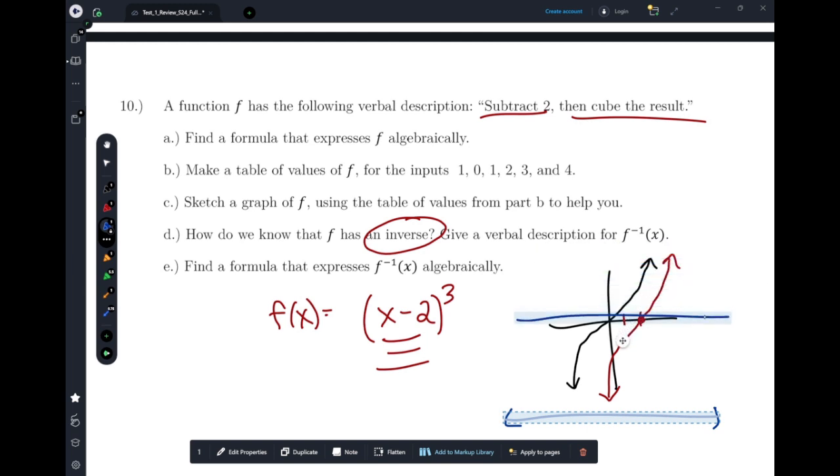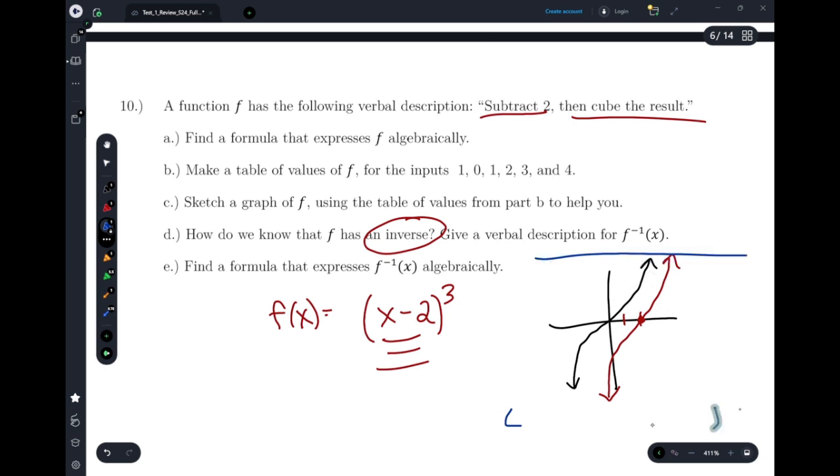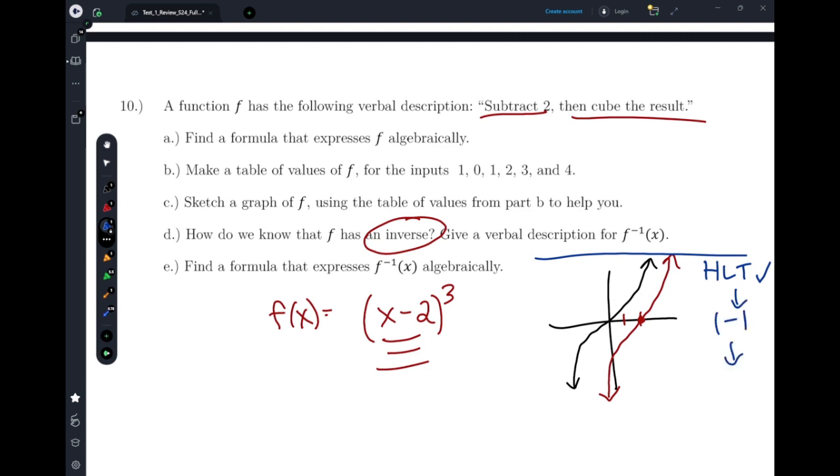What's really cool about both of those functions? They pass the horizontal line test. That's what that blue thing's showing. Those arrows don't matter. Horizontal line test, check mark, which means they're one-to-one, which means they are invertible. That's a cool word to use, but you could say has an inverse.